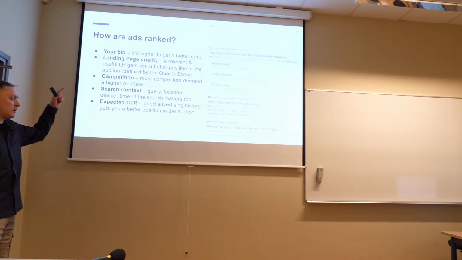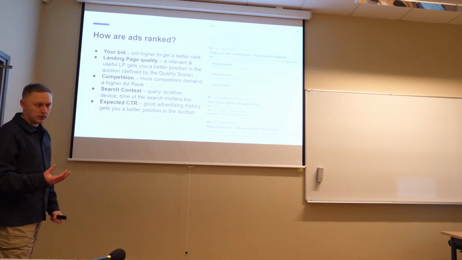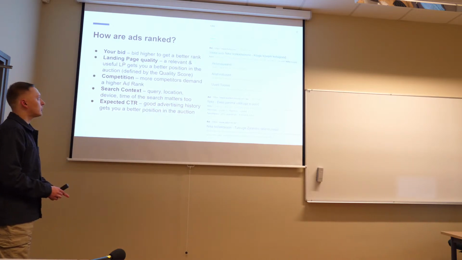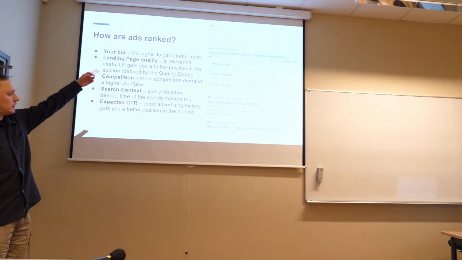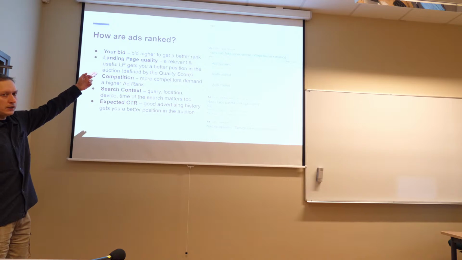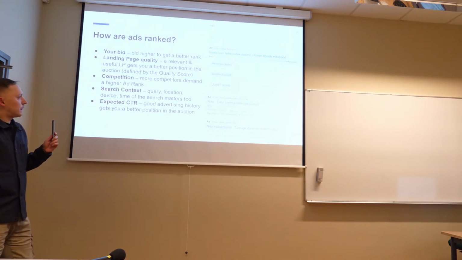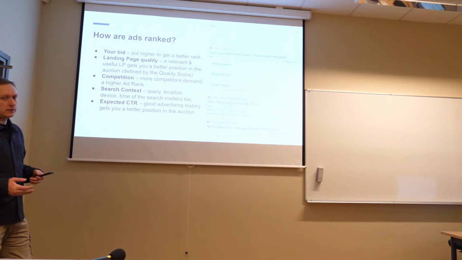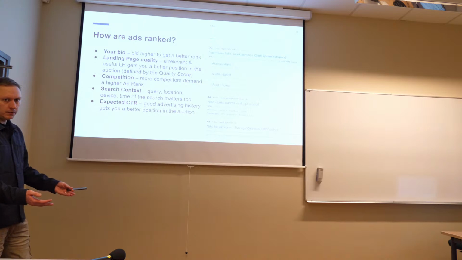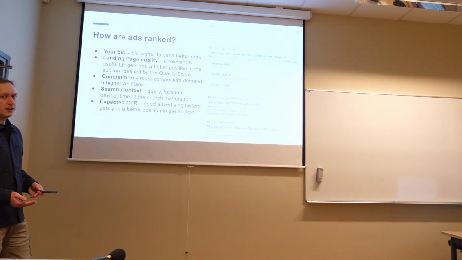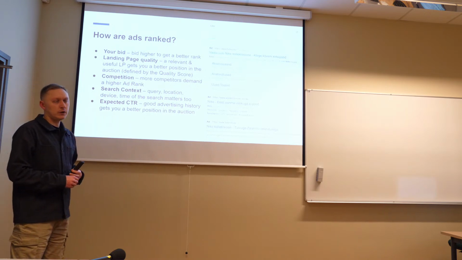But the bid is only one component. Another really important metric is landing page quality, which means that when you have a keyword, so I had to search for Nike there, and let's say you have the keyword Nike, and you use a landing page that is relevant, that shows only products by Nike and nothing else, then the relevancy is quite good.